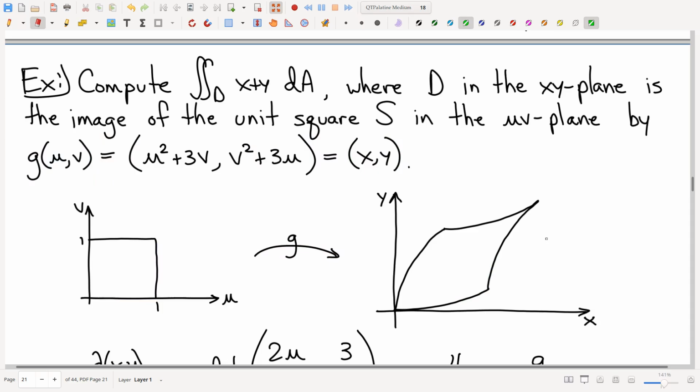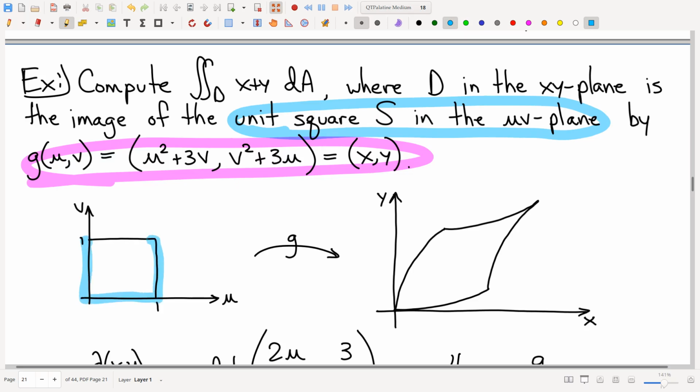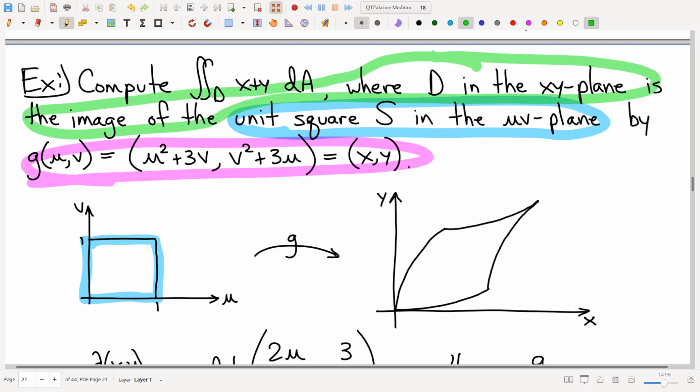We are also given that we're going to start off with the unit square S in the uv plane. So it says right there. That's going to be the left domain. And the domain that we're actually interested in is the image of that.